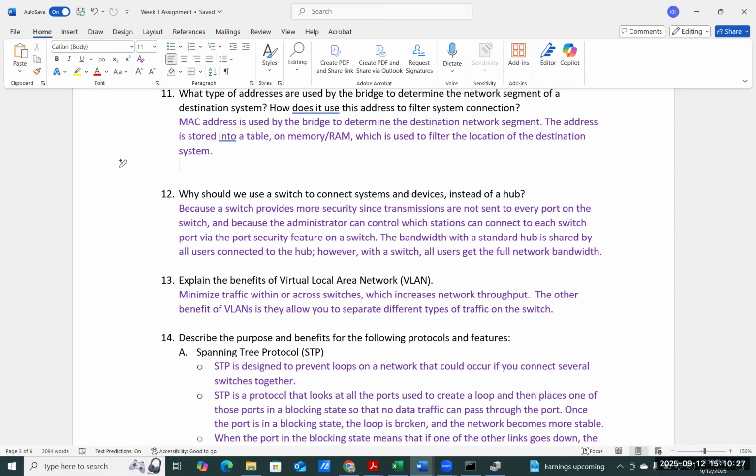So a VLAN is a way that we can take a group of ports. Let's say that your switch has 24 ports, and I can take 10 of those ports to set up a separate VLAN. Okay.